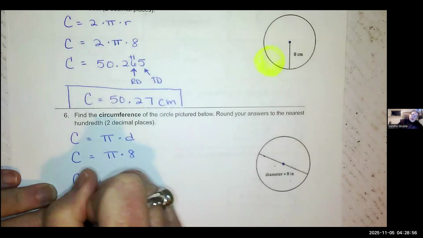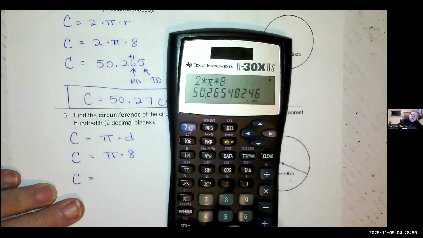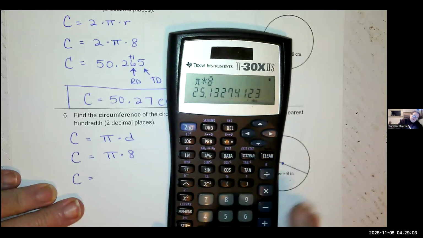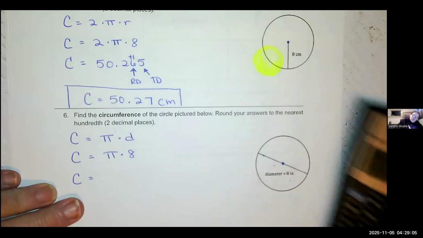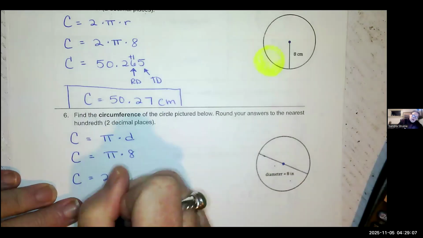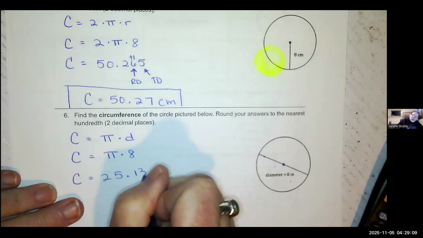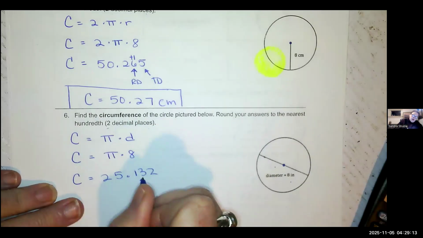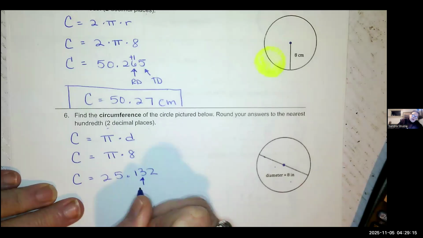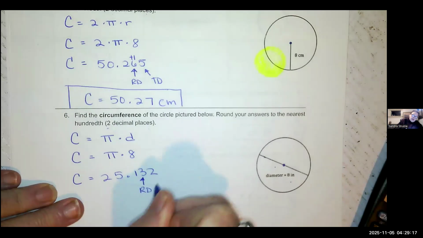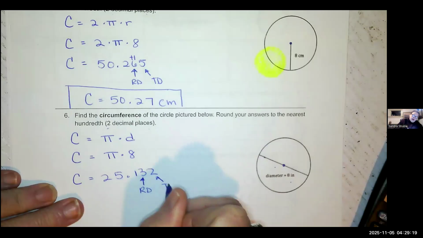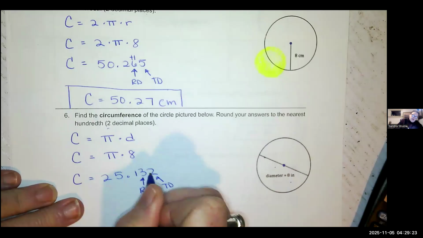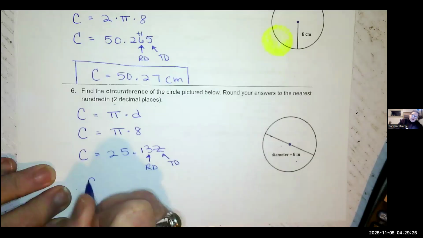Pi times 8 equals 25.132, and we want to round to 2 decimal places. Pause the video and do this one yourself. Rounding digit, test digit. My test digit is less than 5, so I leave the 3 alone, and my circumference is 25.13 inches.